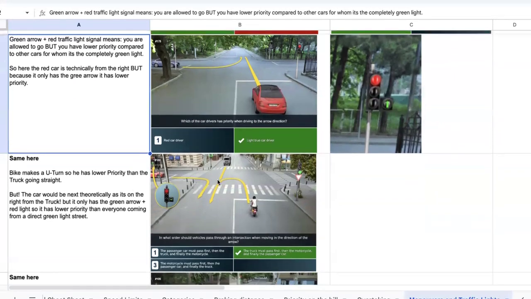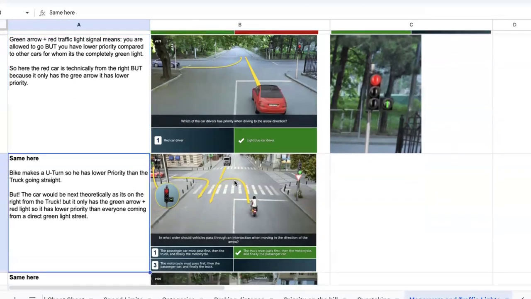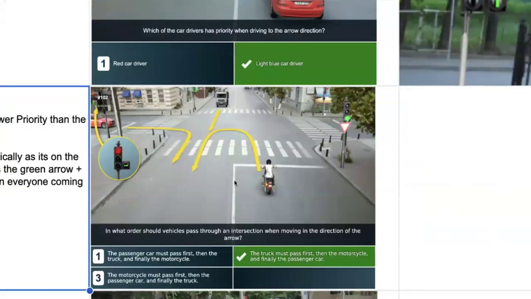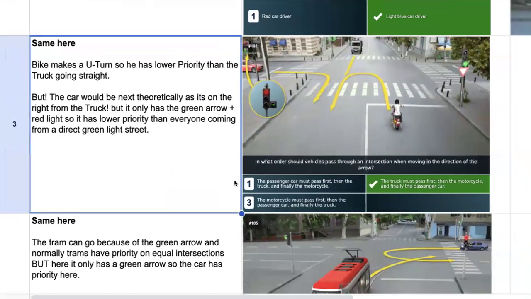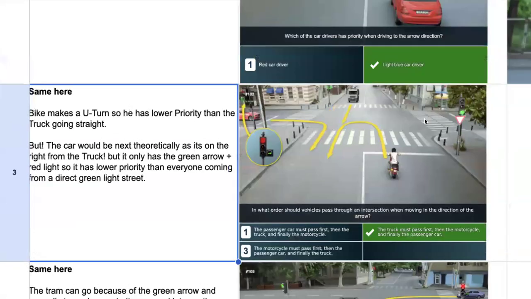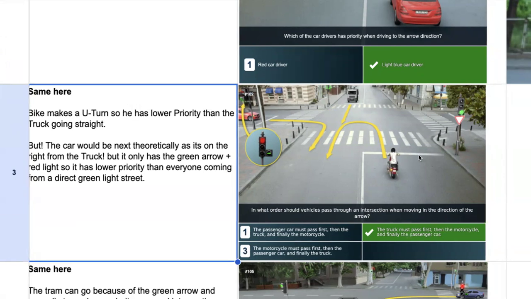Here, this is a question where I actually got tricked myself, so let's look into it. The bike makes a U-turn, and making a U-turn, he and the truck technically have the same priority, right? If the bike would go straight and the truck would go straight, they're both on a lower priority road. And the car technically is on the main priority. If these two are low priority, then automatically this other street is high priority, the main road.